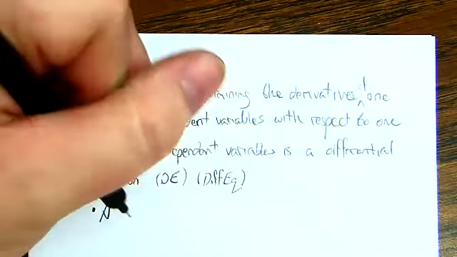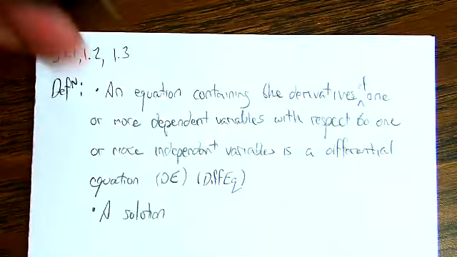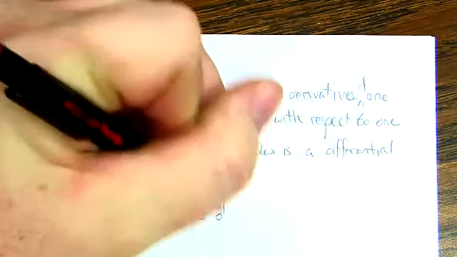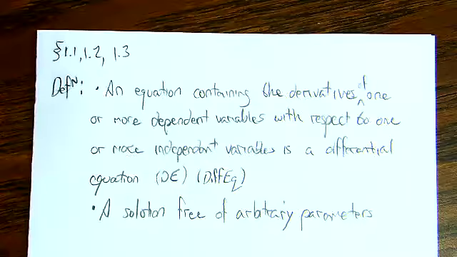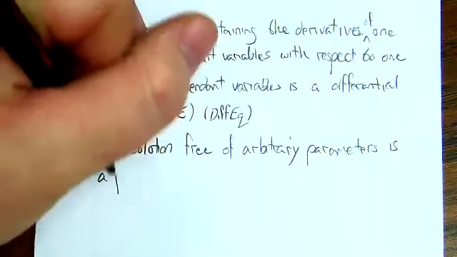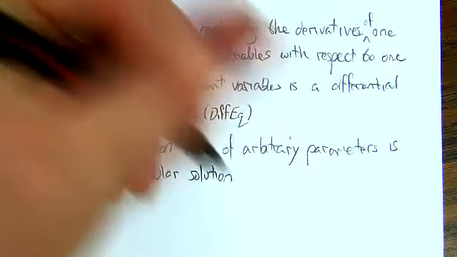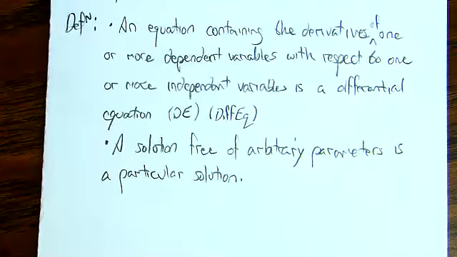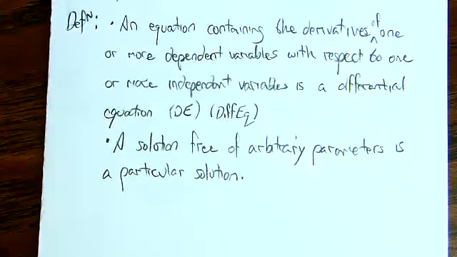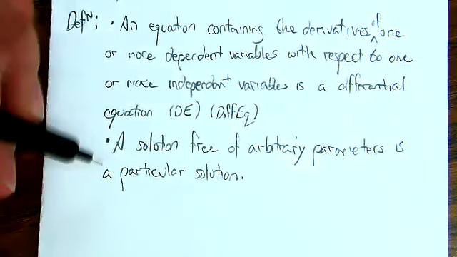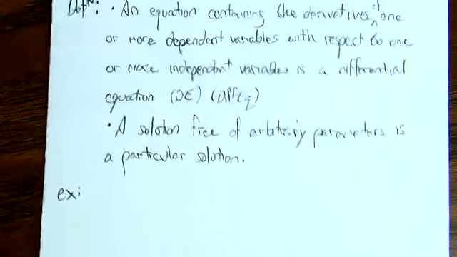Coupled with this, we have a solution free of arbitrary parameters is called a particular solution. We often will say that something is a solution if it makes a statement true.